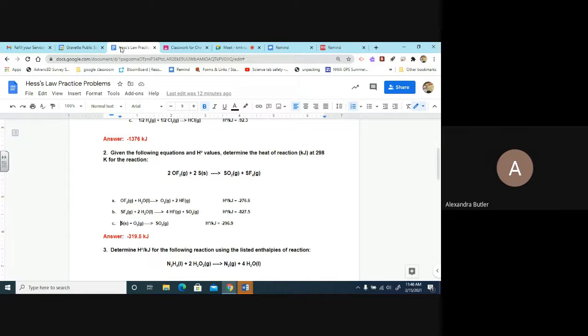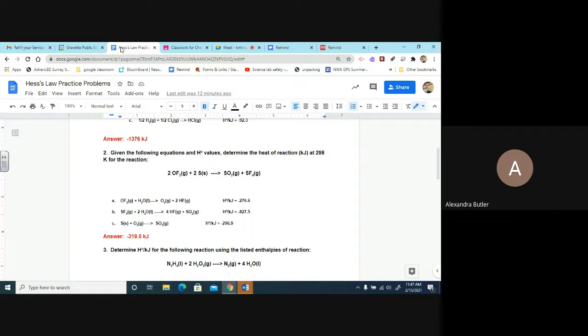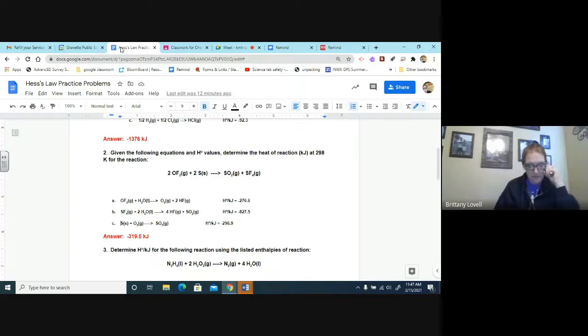Yeah. So that one you can use to cancel out one of the SO2s on the product side in reaction C. Oh, okay. So when you get rid of the SO2 in reaction B, it cancels out, and then on reaction C, one of them cancels out. So boom, you've got what you need. You can circle that.